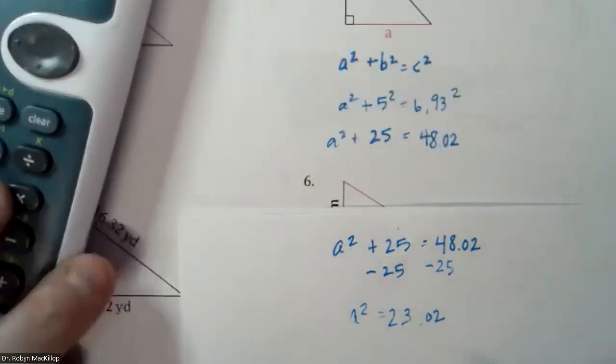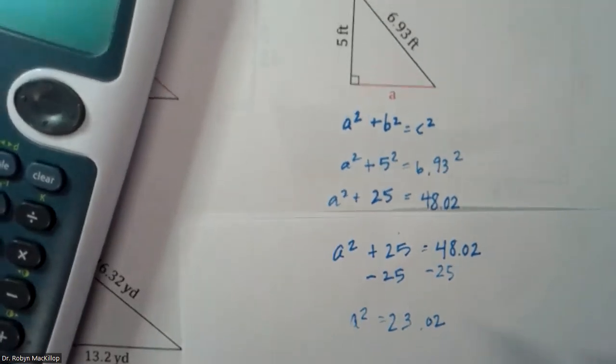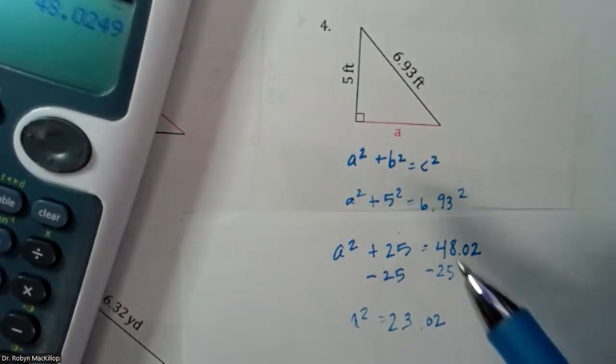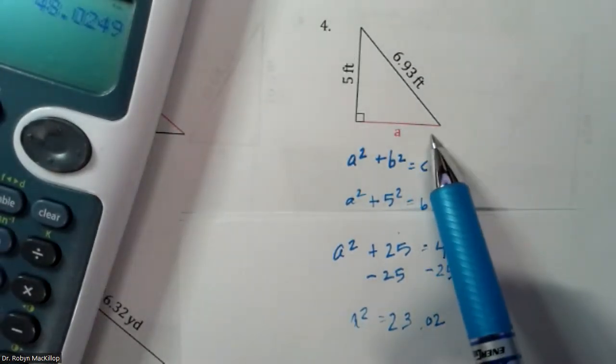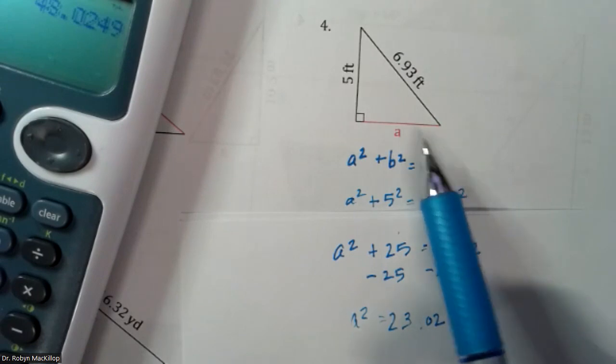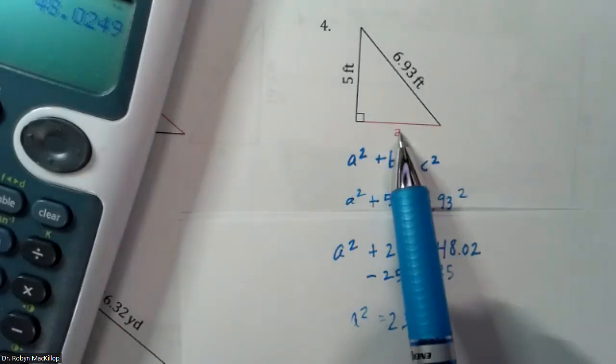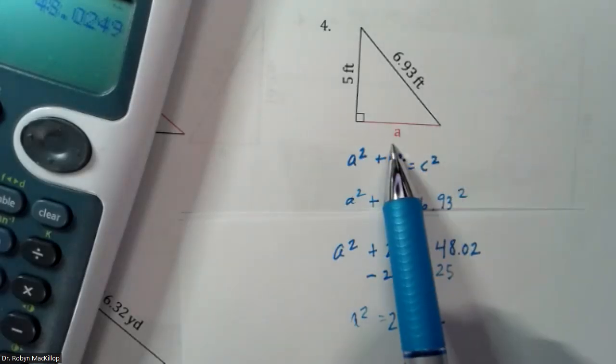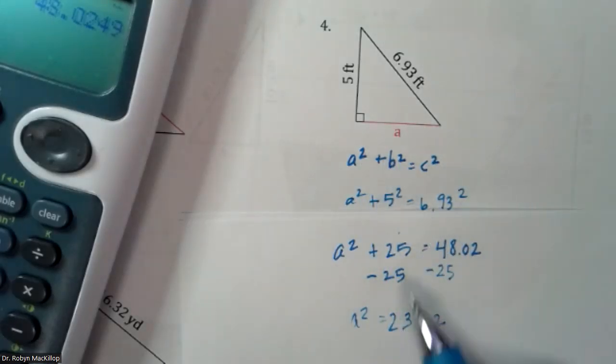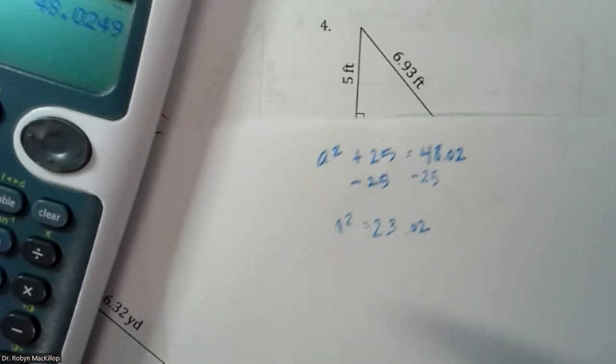And look at this triangle. Does it make any sense at all that this would be 23 when we've got a 5 and almost a 7? That's not bigger than that, is it? So that's kind of our tell that we have one more step to do with this 23.02, because we need this to be just plain old A.